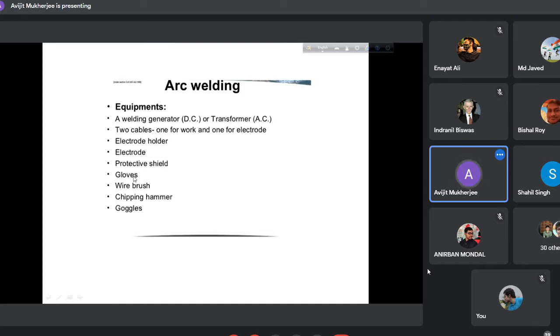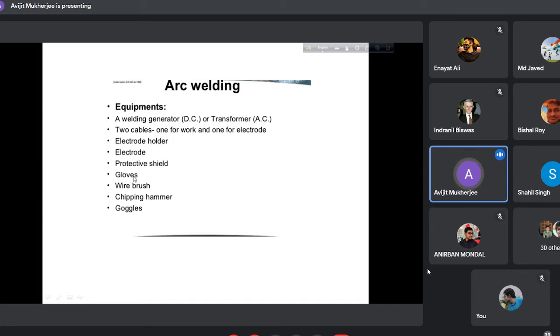And also in welding industries and fabrication industries, where workers, particularly the welders, are operating continuously throughout the day, they must wear aprons, gloves, all these.